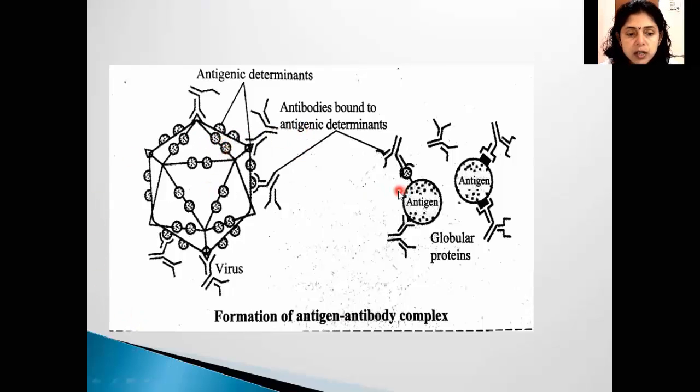Formation of antigen antibody complex, here with the help of diagram also you can see. This is again the special diagram to draw if it is asked. So how the antigen antibody complex is formed, it is given in this diagrammatic fashion. Sometimes the question may ask a simpler question to draw the diagram. Here you can see that antibodies bound to antigenic determinants are there.